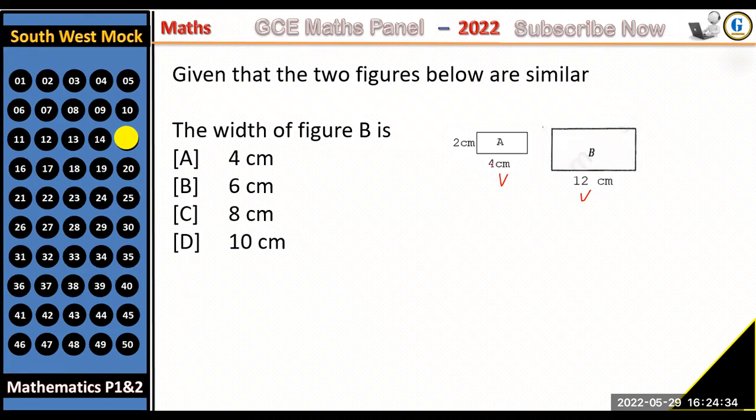So they have multiplied 4 by 3 to have 12. So if you equally multiply 2 by 3, we are going to have the width of this one, and 2 times 3 gives us 6. So the width of this side is 6 centimeters.